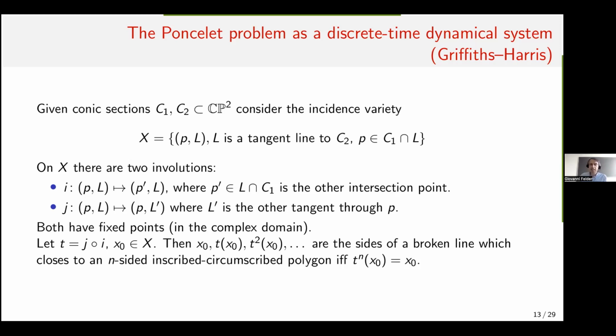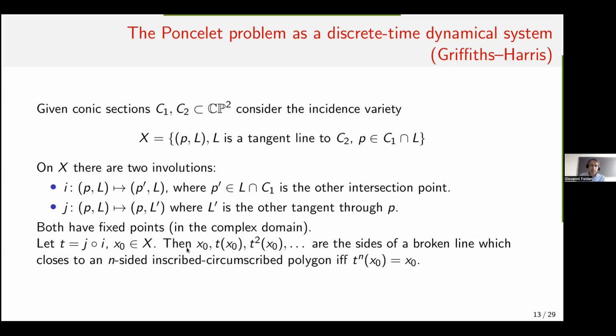You can complexify, go to the complex domain, and you can see that both have fixed points, so intersection points between the circles. We have a kind of complex variety with two involutions, which both have fixed points, and this will play a role later.